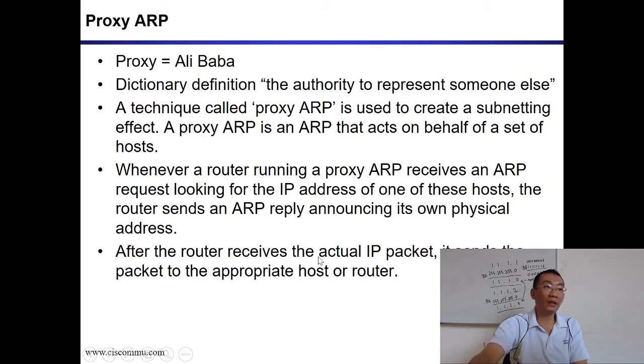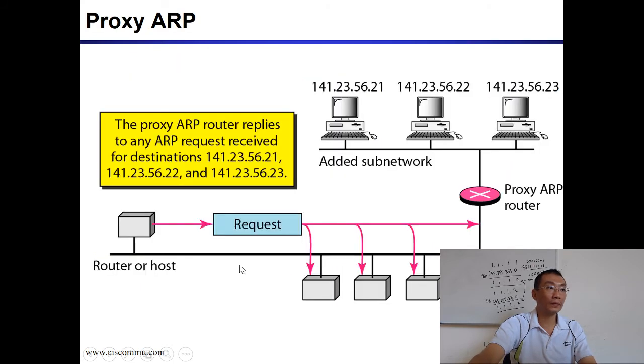After the router receives the actual packet, it sends the packet to the appropriate host. So let's say you request, for example, a destination for this IP address, 56 and so on. This is in another network. When this host sends a request, this router will reply on behalf of this PC.